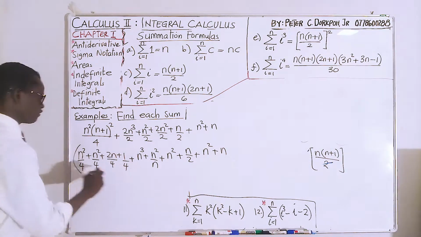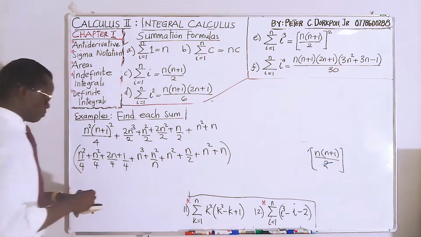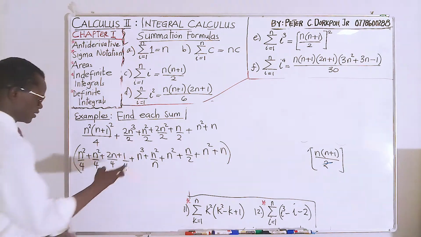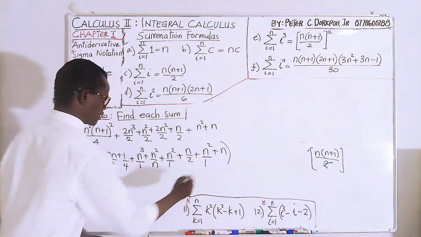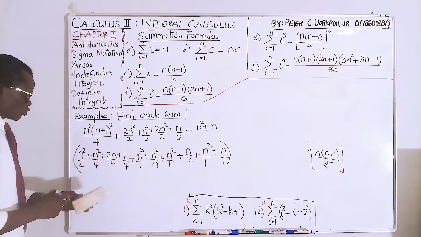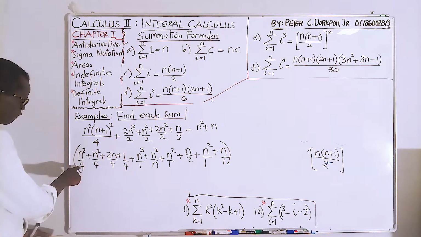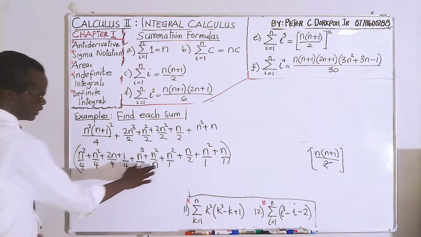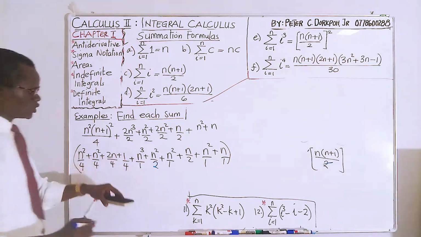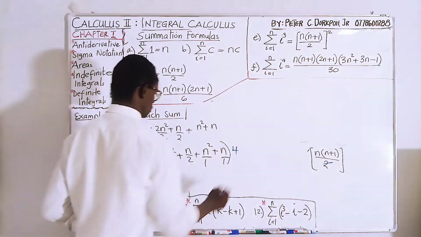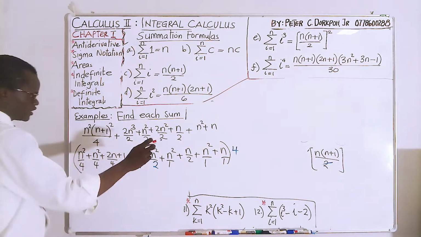So we can get rid of the denominator by finding the least common denominator. So we just write all of these expressed over 1. We find the least common denominator between 4 and 2, which is 4. So we multiply 4 by every term.